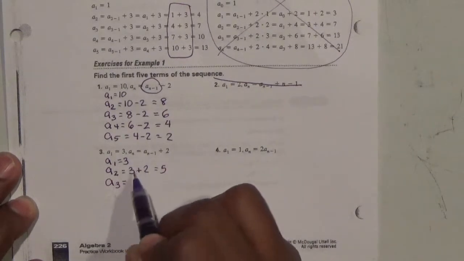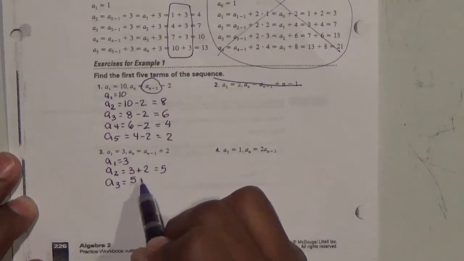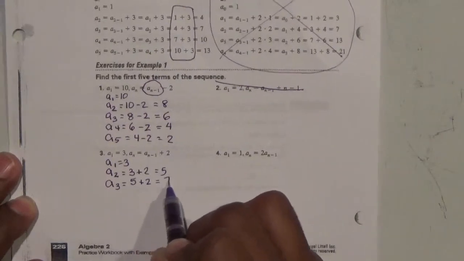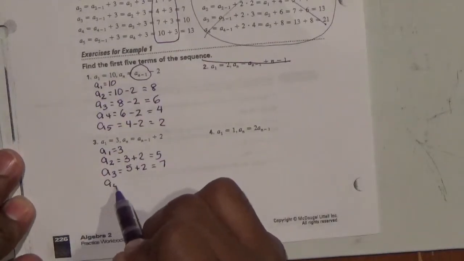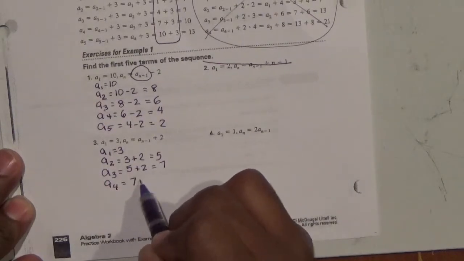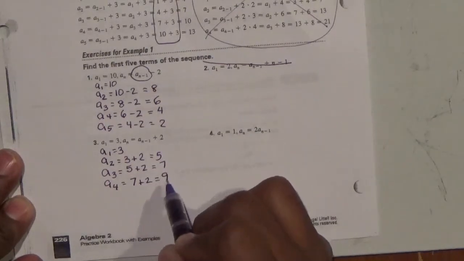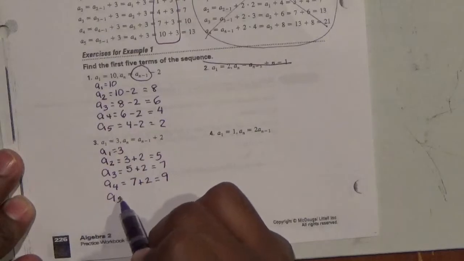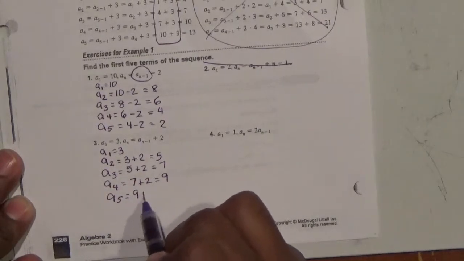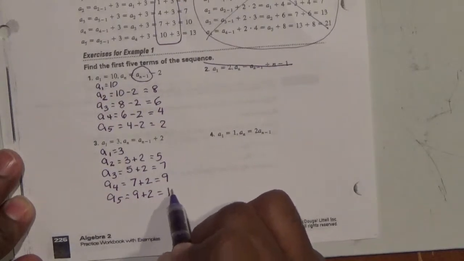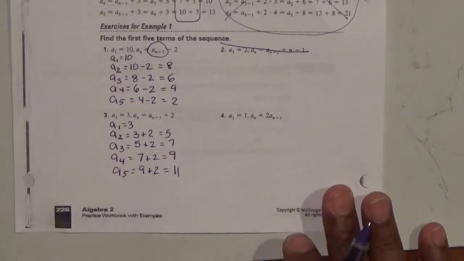The third term, I'm going to take the second term, which was 5, add 2 to it, get 7. The fourth term, 7 plus 2 is equal to 9. And the fifth term is going to be 9 plus 2, which is 11. All right, keep it going.